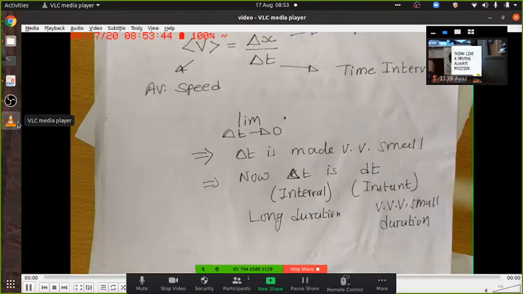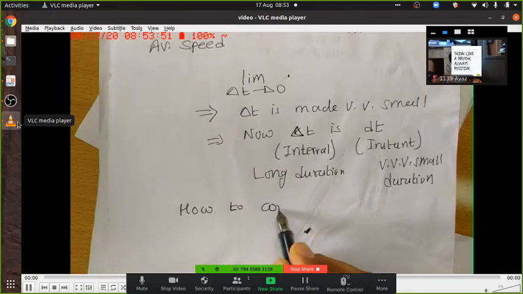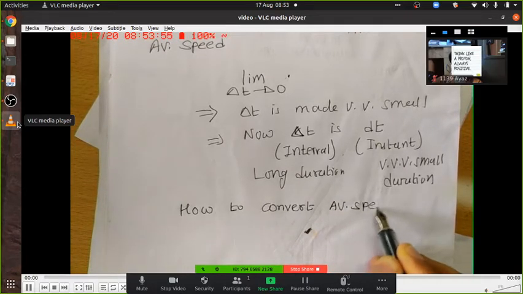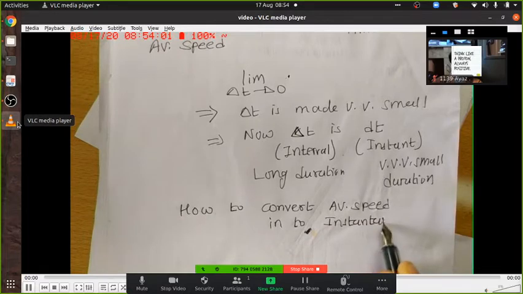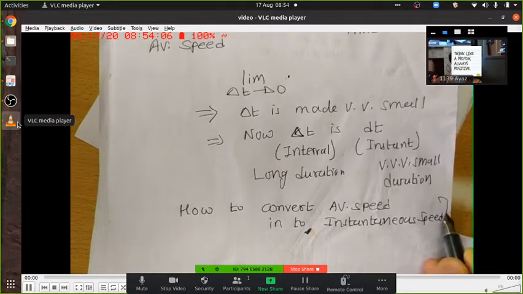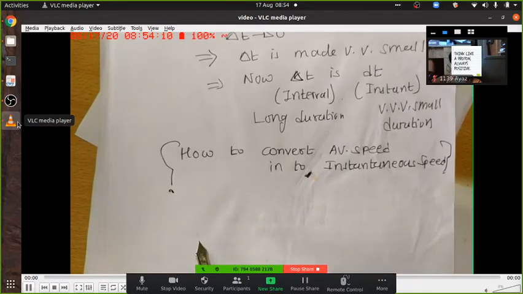So now the question is how to convert average speed into instantaneous speed. This is the question. How to convert?